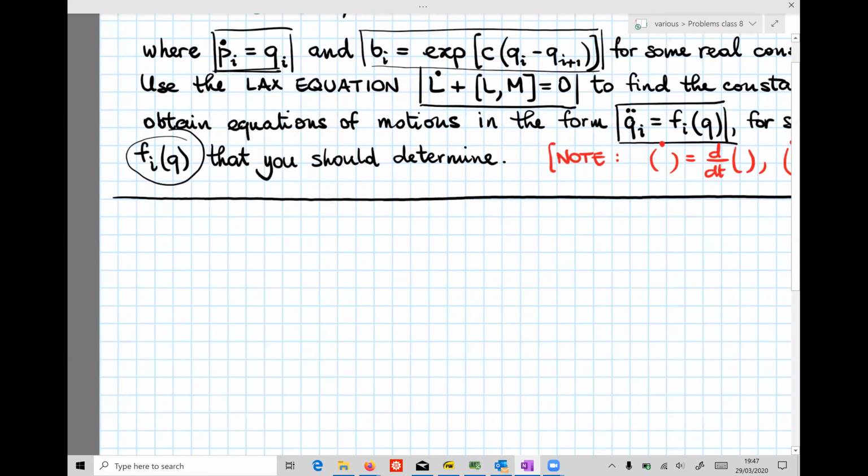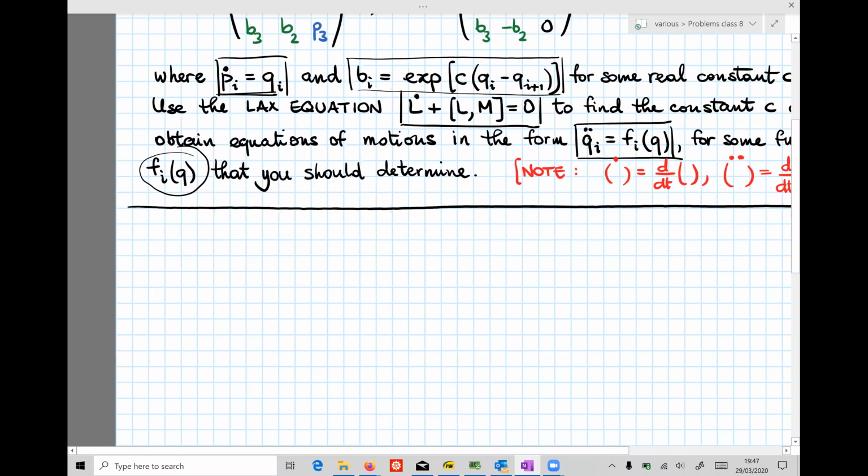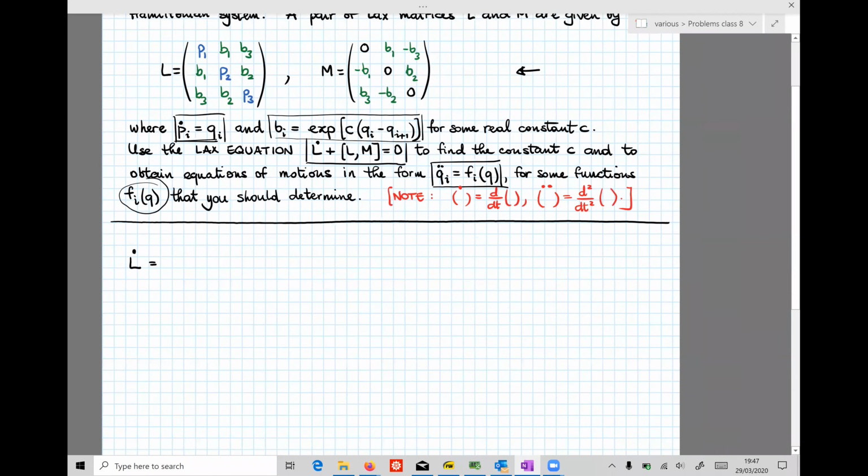So let's compute first L dot and then the commutator of L and M. L dot is easy to compute. I just take L and write dots on top of everything. So I have the derivatives, dots are time derivatives, of the momenta along the diagonal, and the time derivatives of B_i, which are functions of the coordinates off the diagonal.